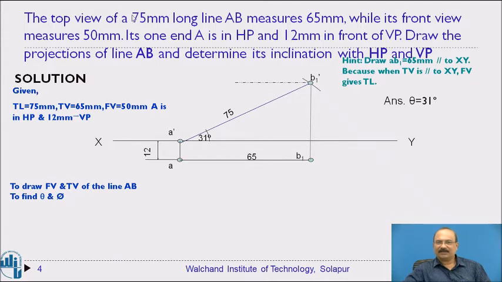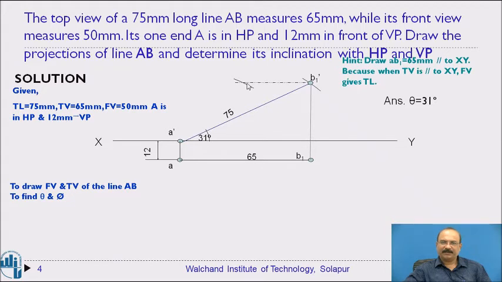In the problem, the top view length is 65 millimeter while its front view length is 50 millimeter. We write the front view length as 50 millimeter. Keep the compass here, take 50 millimeter length and draw the line. You are going to cut this locus line, and you will get this point as the B dash point. A dash B dash is the front view length of the line.